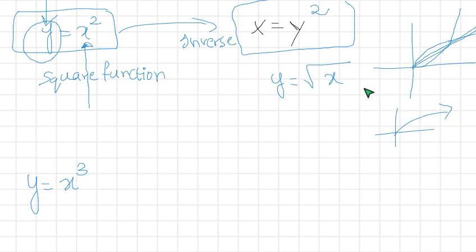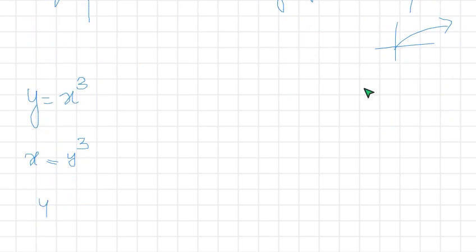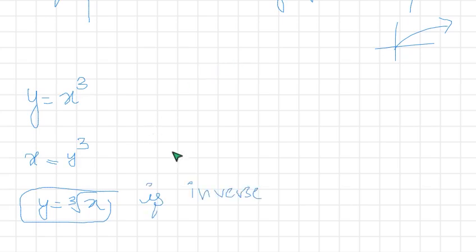Or x cube. So wherever there was y, put x. Wherever there was x, put y. And everything else, whatever is there, drop it as it is. So x is equal to y cube, y equal to cube root x is the inverse. So cube root x. Okay.